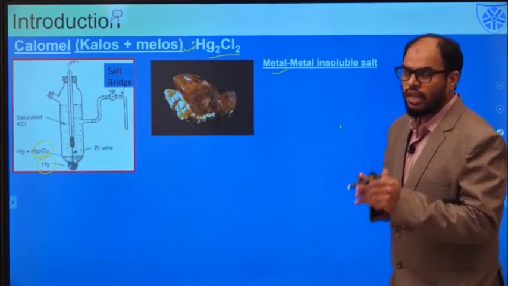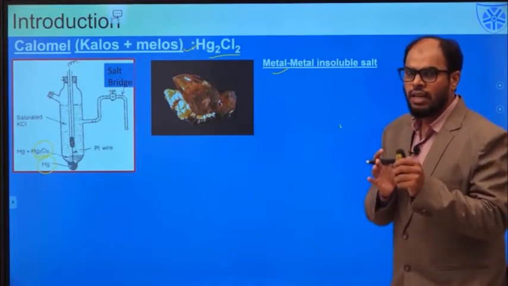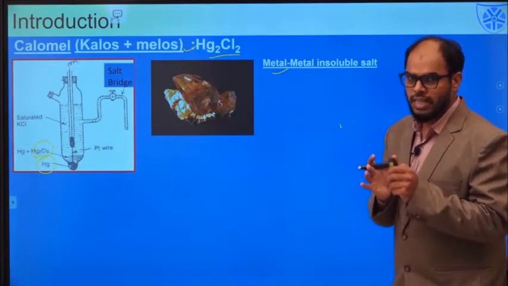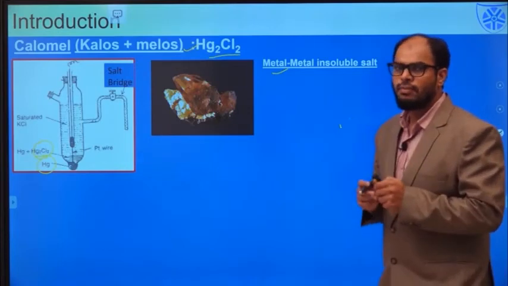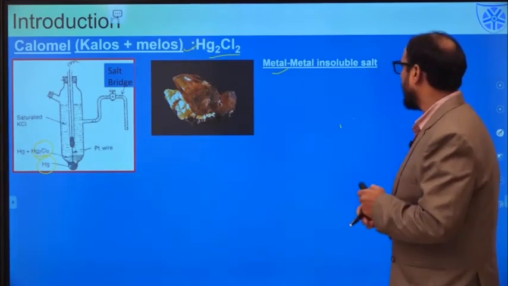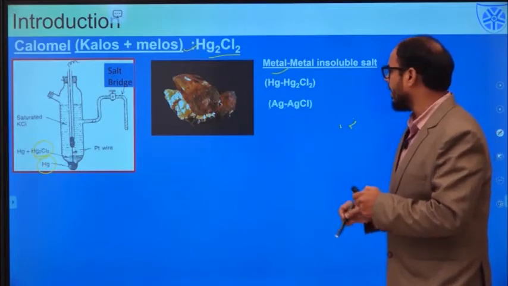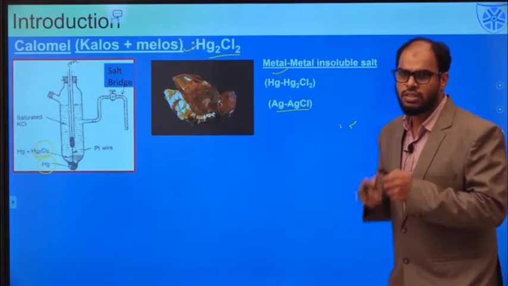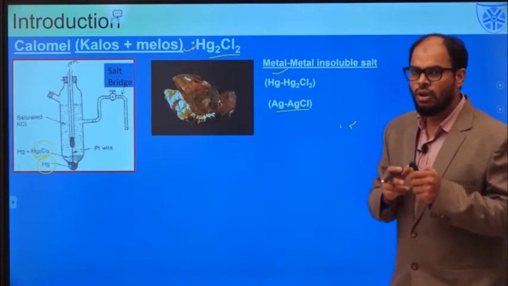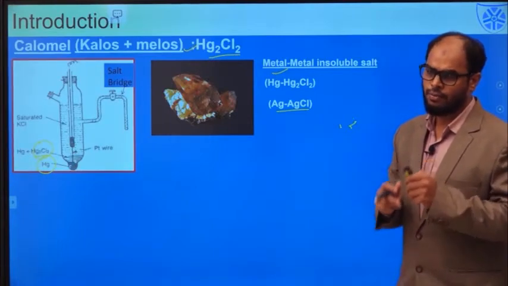Since we are using a combination of mercury and Calomel, we can also call this electrode a Calomel electrode. There are other categories of metal insoluble salt electrode. This is one of the categories, that is the Calomel electrode. The other category is the silver chloride electrode.